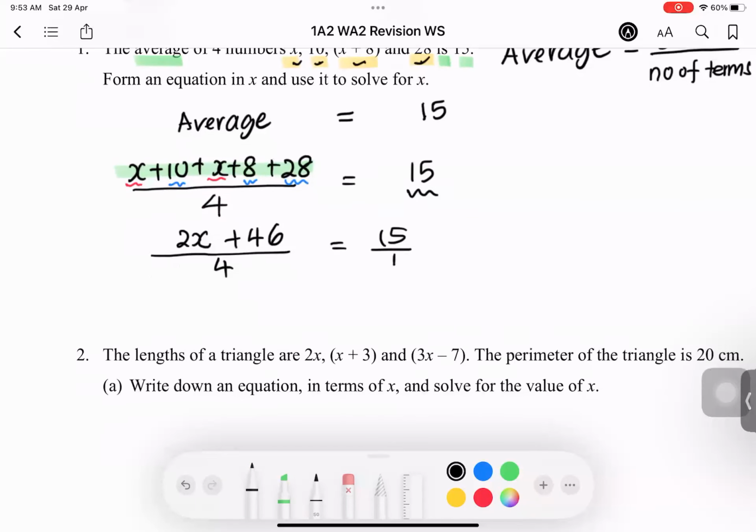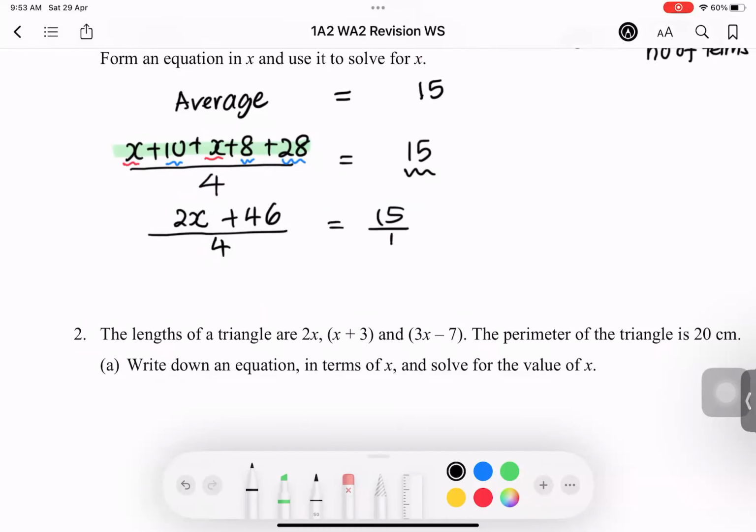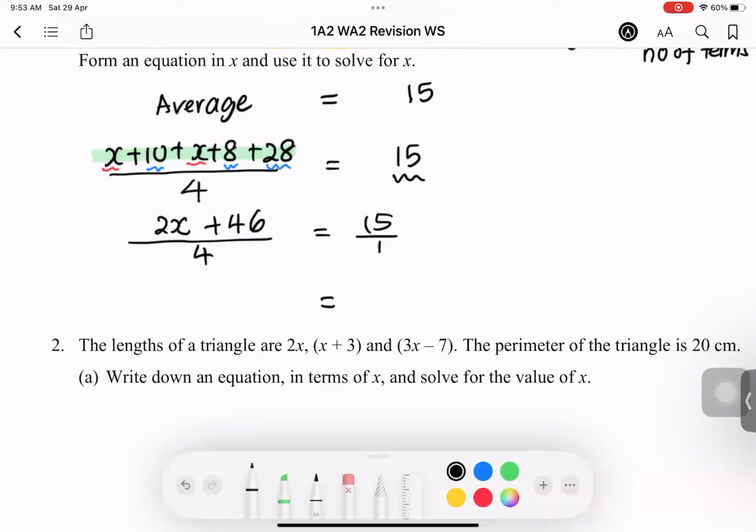Okay, next step, now I got something with a fraction, another side I put 15 over 1 is also a fraction. What can we do? What skill can we use? I give you a clue. Cross multiplication. Yes, very good. So denominator cross multiply, 1 cross multiply, like what Shakira did earlier, 1 times the 2x plus 46. 4 times 15. 4 times 15 is what number?